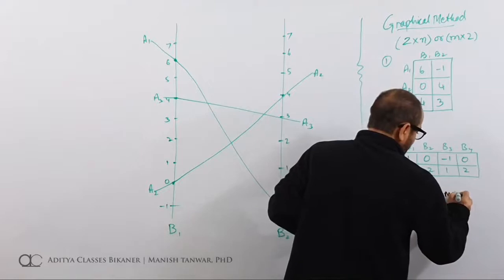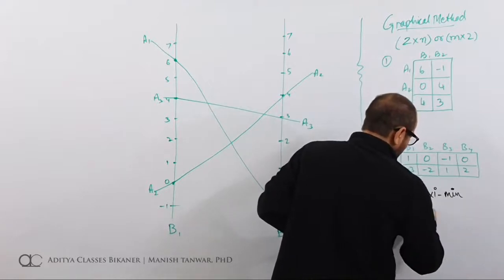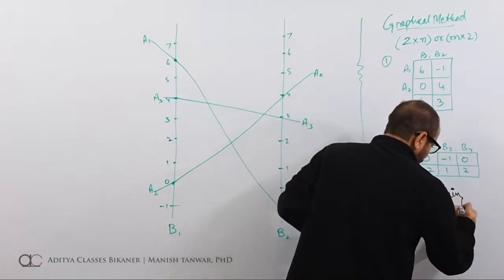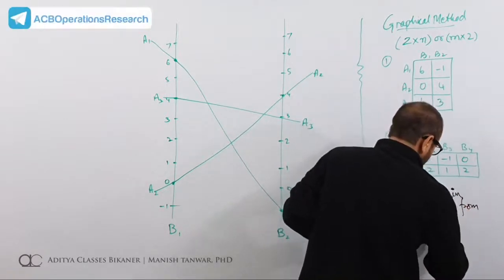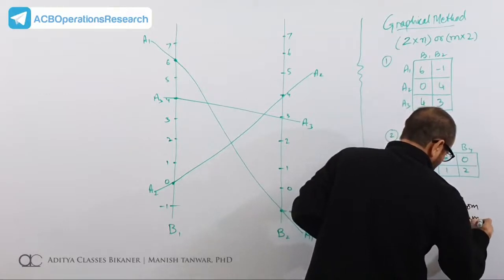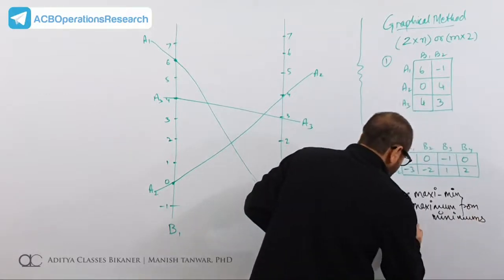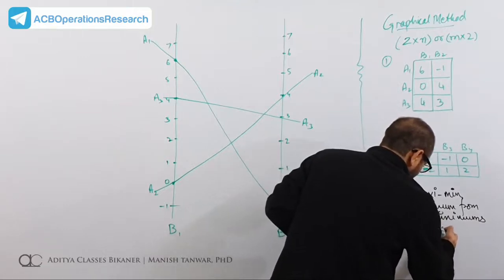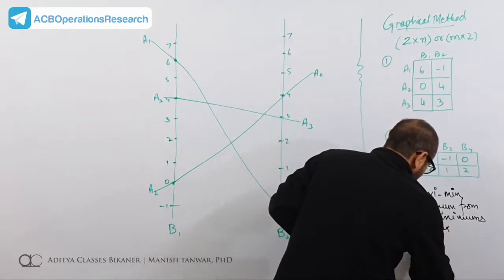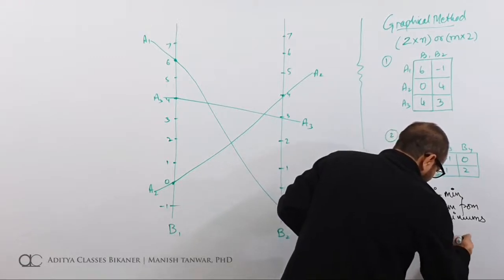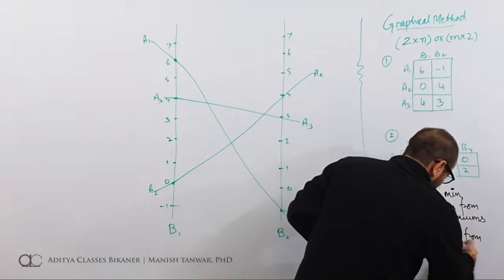Maximin, that is the maximum from minimums. And B selects a strategy of minimax. Minimax is the minimum from maximum.